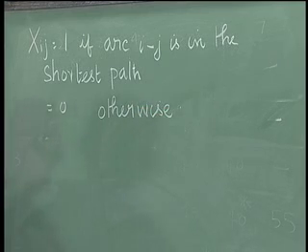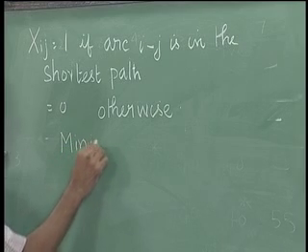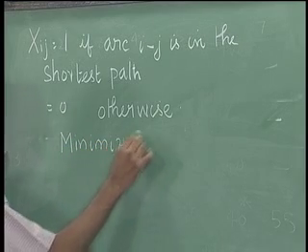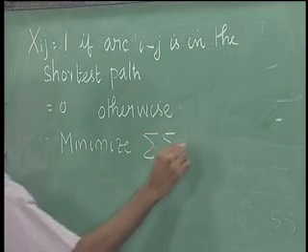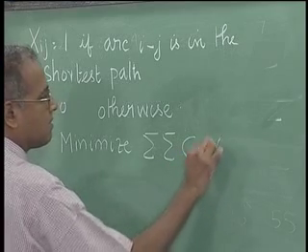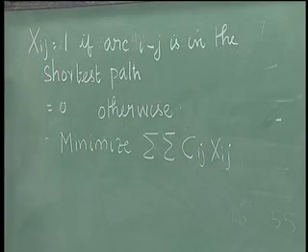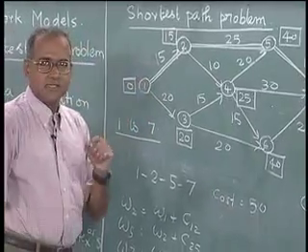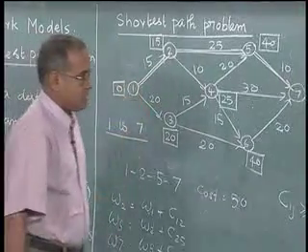So, the objective function will be to minimize sum of Cij xij. So, xij will be equal to 1 if arc ij is in the shortest path and 0 otherwise.